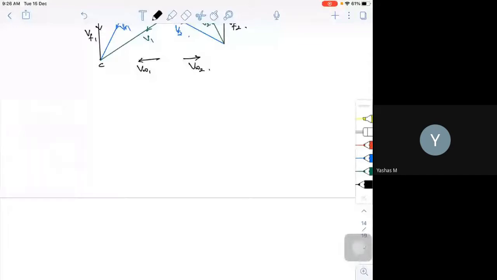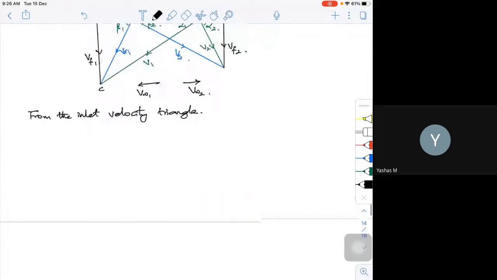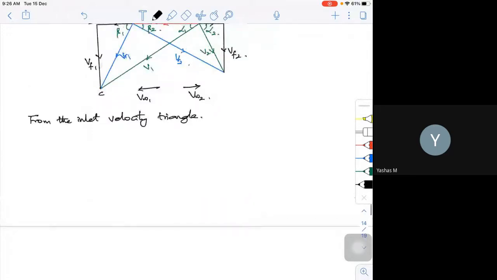So from the inlet velocity triangle, look at this. What is your cos alpha 1?